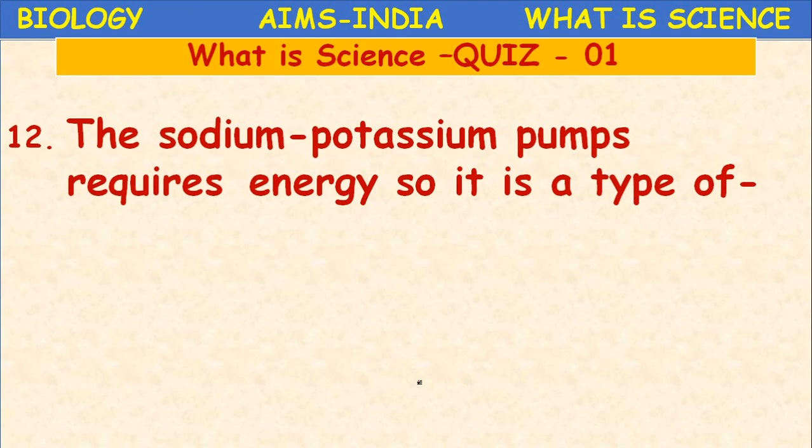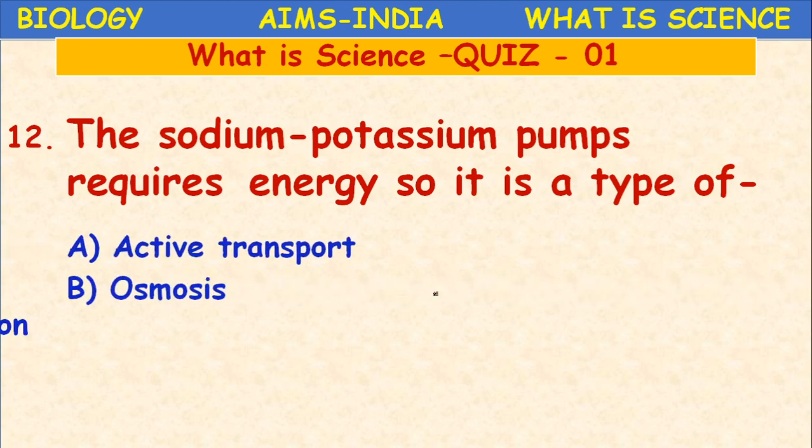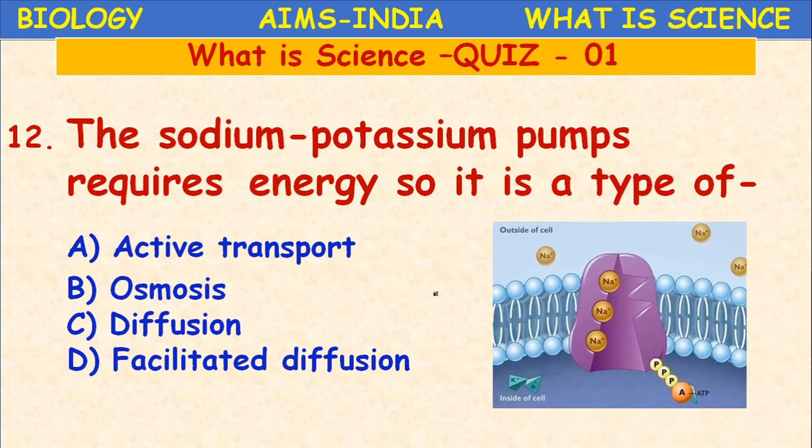Next question, the last question. The sodium potassium pump requires energy, so which type of transport is it? There are two types of transport: one is passive transport, another is active transport.